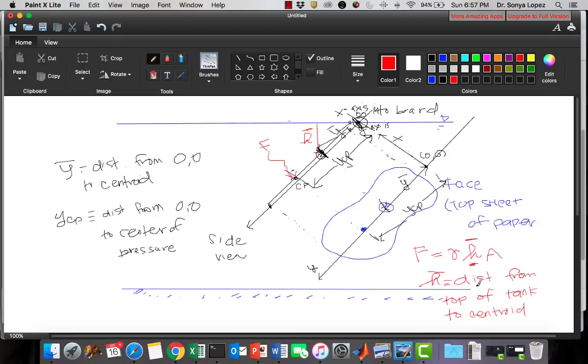This drawing is very, very important because it identifies what elevations you need, and it shows how you draw for any inanimate object. It shows you how to draw the distance from the 0, 0 plane, which is always at the water surface, always, always, always, to the centroid and to the center of pressure.